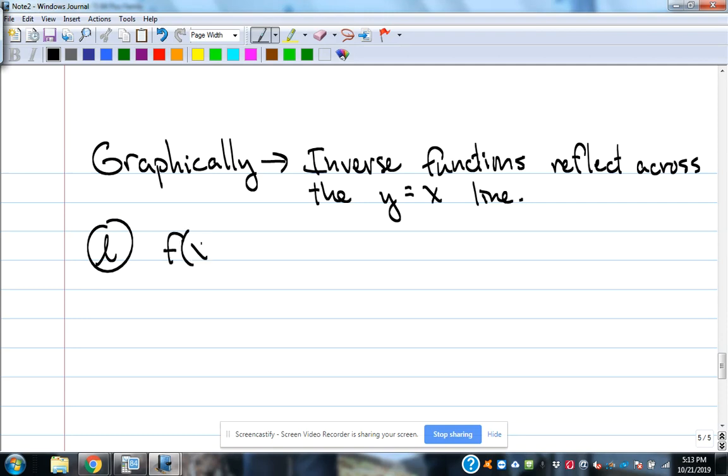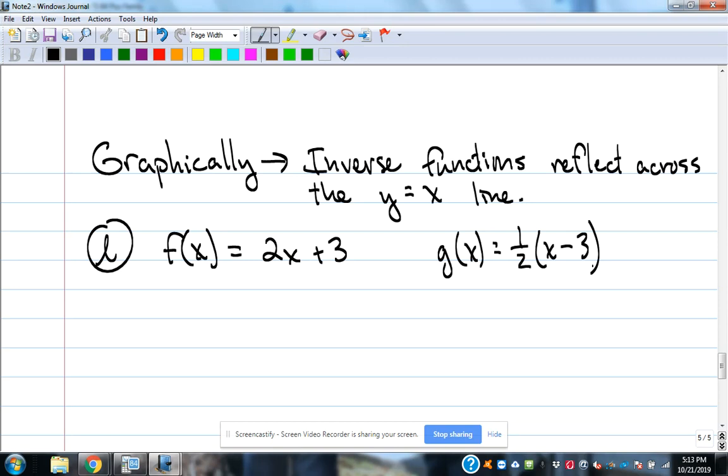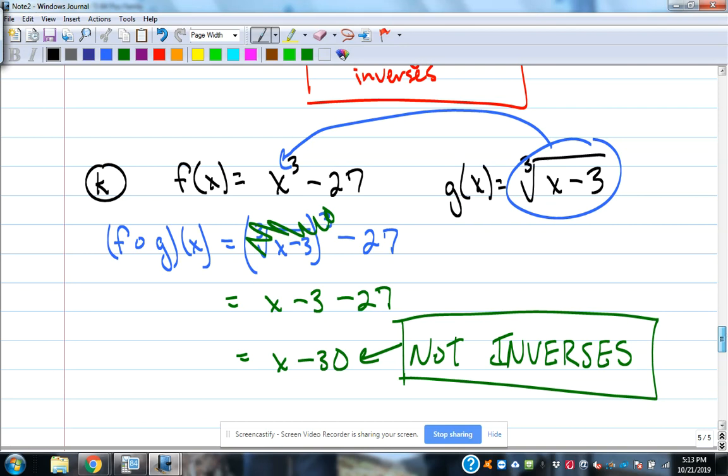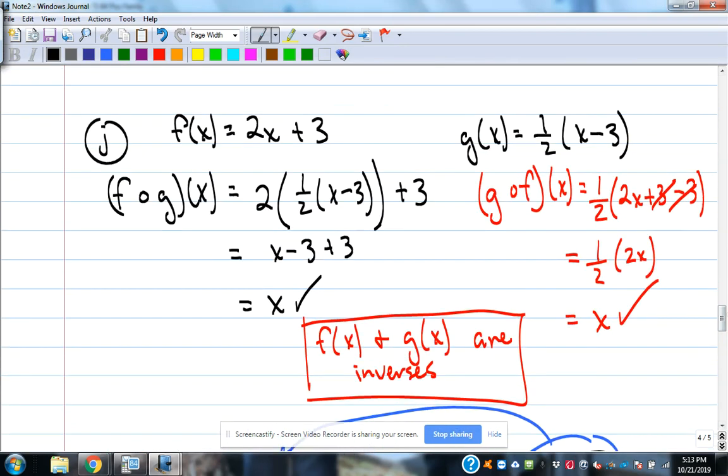Let's say f of x is equal to 2x plus 3, and g of x is equal to 1/2 x minus 3. What do we know about those? That's from a previous example. Are they inverses of one another? If you look back to example J, those are the same two equations.